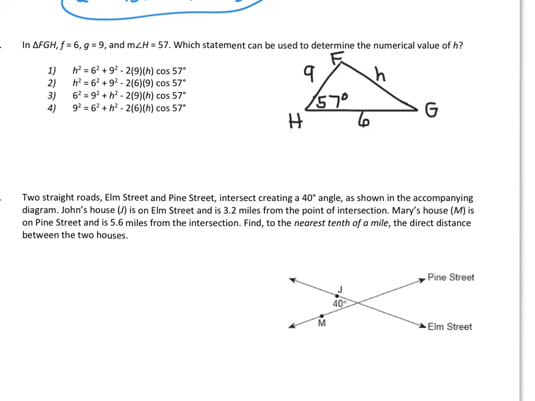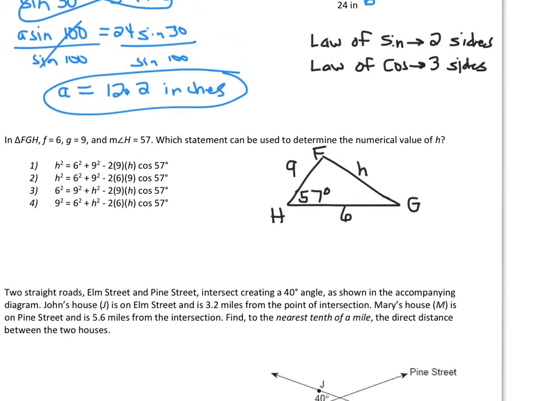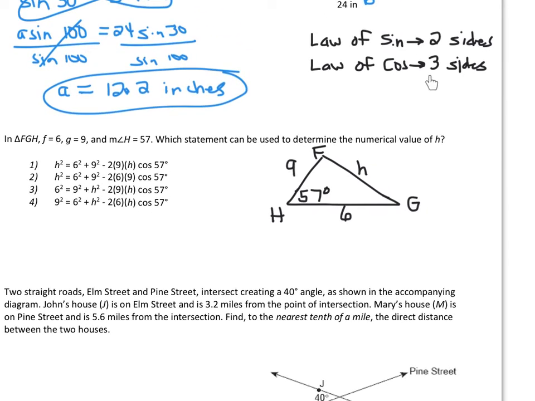Now, remember, here we're working with 3 sides. Whenever you're working with 3 sides, we know we're going to be using law of cosines. So we know right off the bat, also it's multiple choice and all we see is law of cosines there, but if we didn't have that, we know right off the bat, we have three sides, law of cosines.